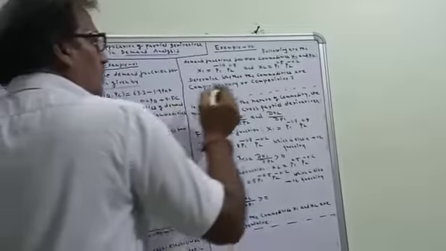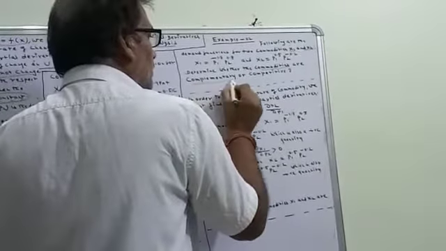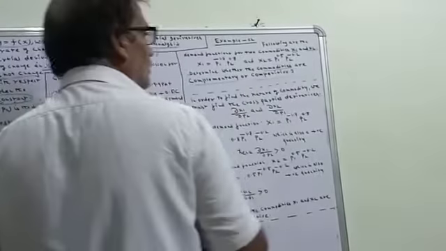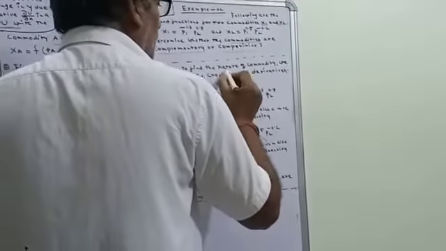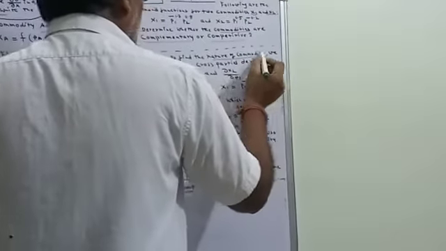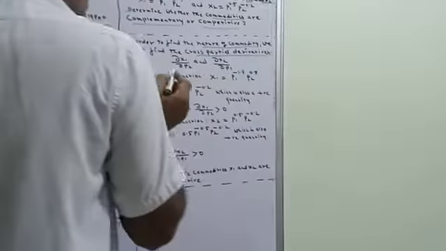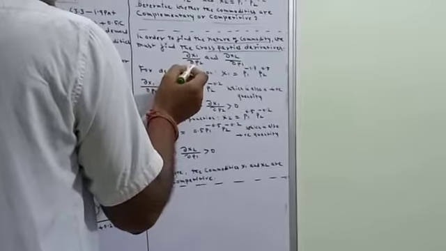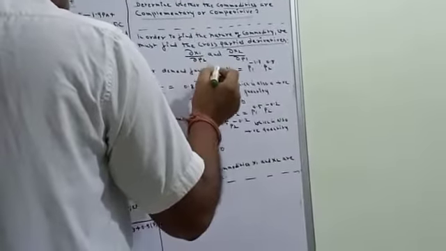Determine here whether the commodities are complementary or competitive. इसको फाइंड करना है. Now in order to find the nature of the commodities, whether complementary or competitive, we must find the cross partial derivatives del x1 by del p2 and del x2 by del p1 for the demand functions.